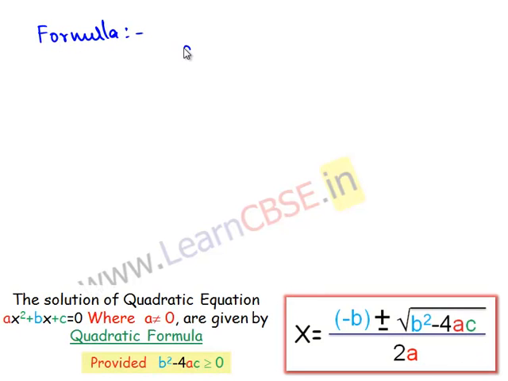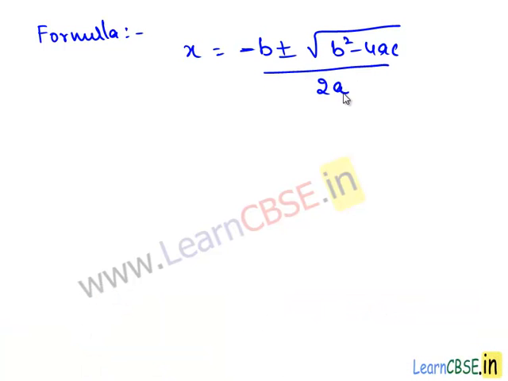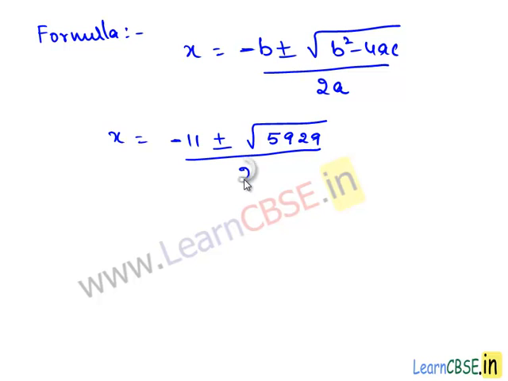Now to solve this equation, we shall apply the formula to find the roots of the quadratic equation. That is x is equal to minus b plus or minus square root of b square minus 4ac, whole divided by 2a. We already have the values of a, b, c and b square minus 4ac. On substituting, we have x is equal to minus 11 plus or minus square root of 5929 whole divided by 2 multiplied by 1, that is 2.